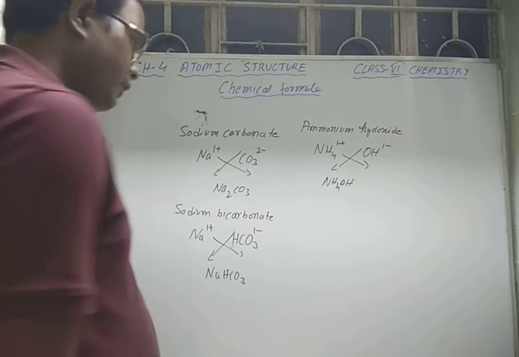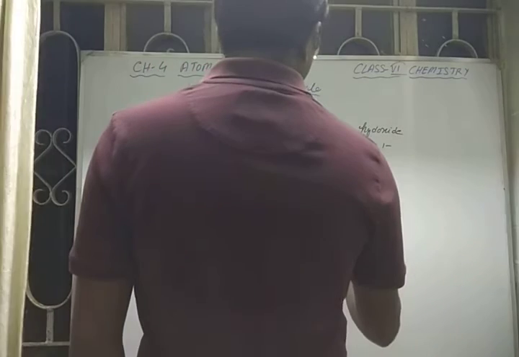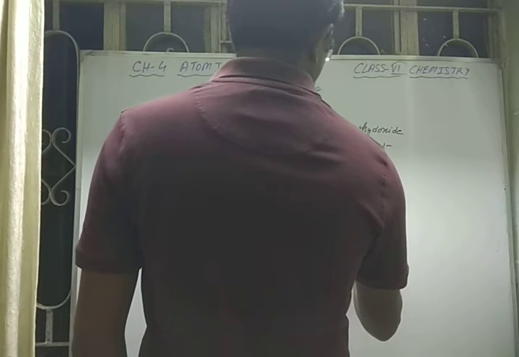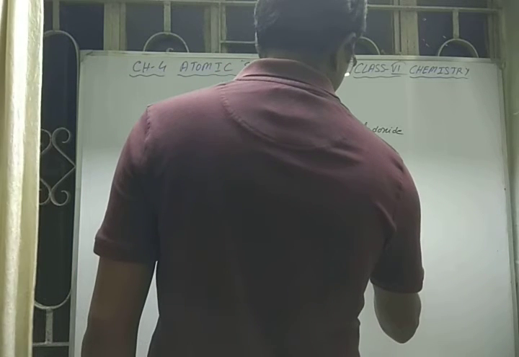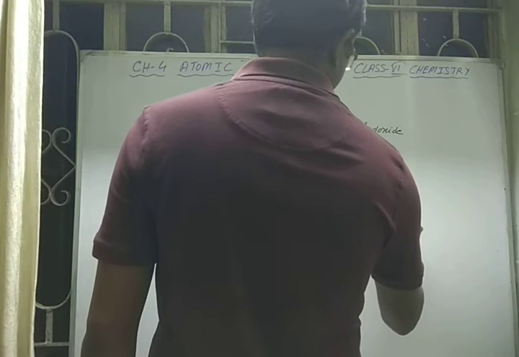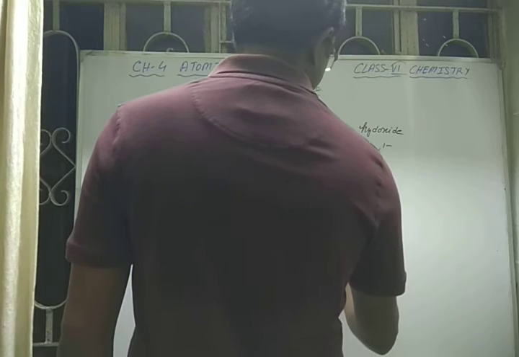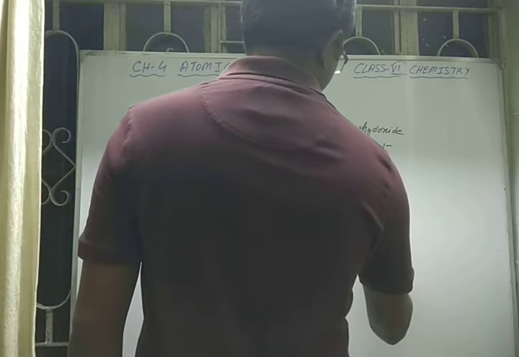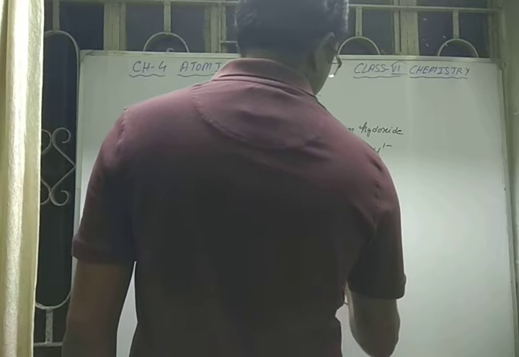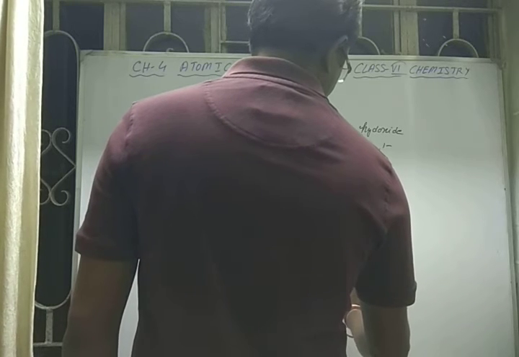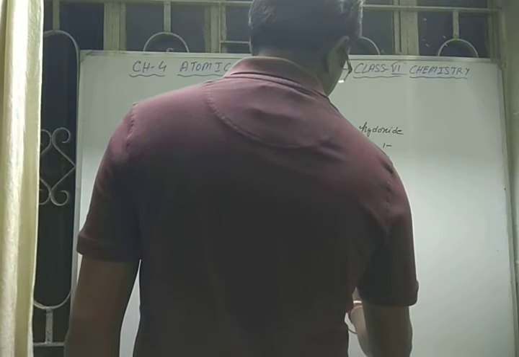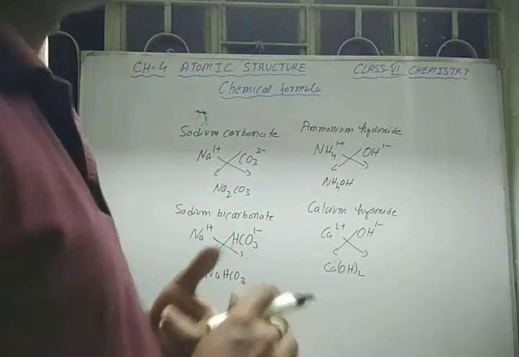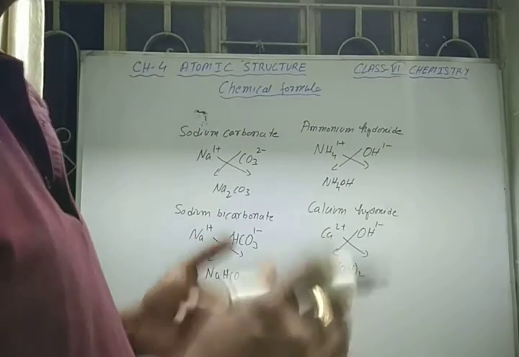Okay. Now if you want to make the formula of calcium hydroxide, calcium is Ca 2 plus, and hydroxide is OH 1 minus. So when we do the crisscross, it will become CaOH whole 2. Why have I written whole 2? Because hydroxide is together OH.